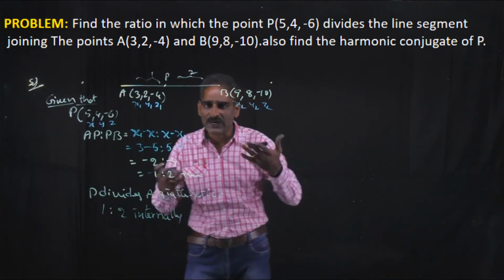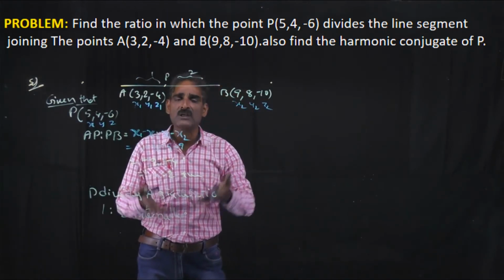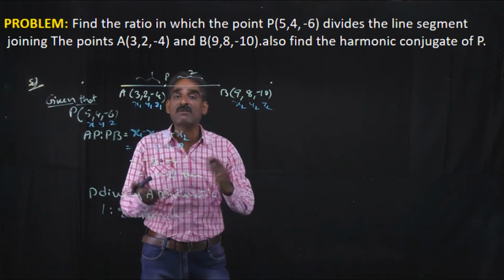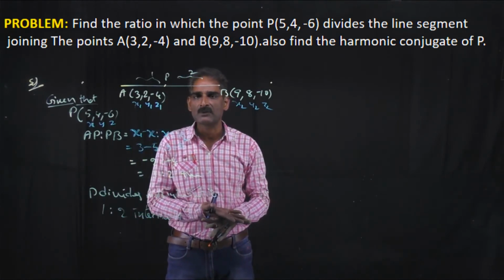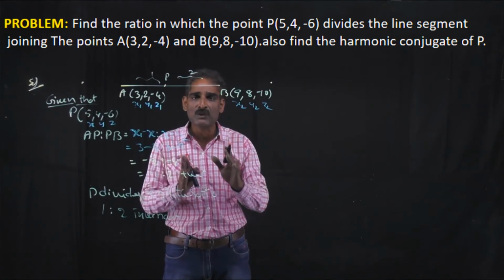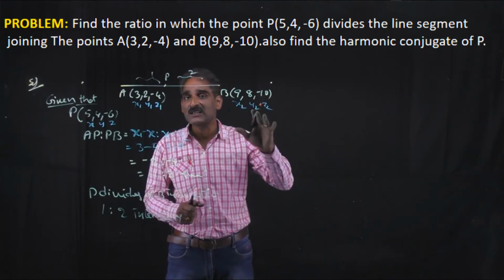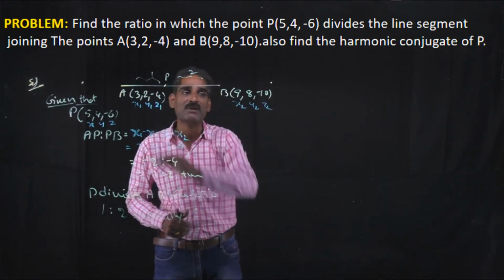Here we have to find out the harmonic conjugate of P, which means we have to find out a point which divides AB externally with the same ratio 1 is to 2. That's it. Harmonic conjugate of P means that is the point which divides AB externally with the same ratio.